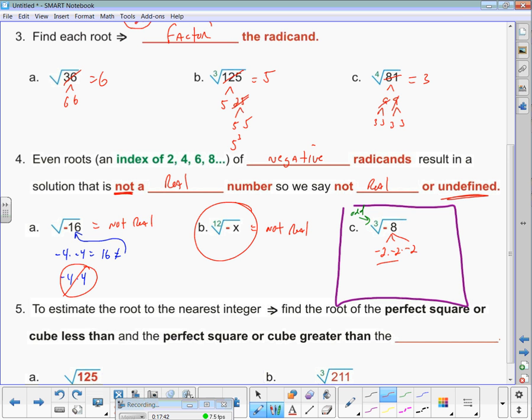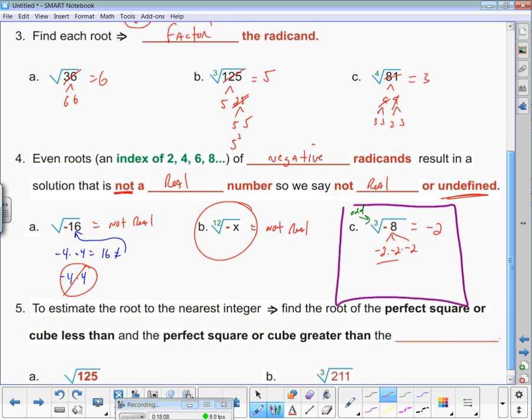Negative 2 times negative 2 is positive 4. Positive 4 times negative 2 is a negative 8. Oh, yeah. Negative 2 times itself 3 times equals that radicand. We have a solution there. And you will for any odd root, cube root, 5th root, 7th root, 9th root, because you can end up with an odd solution.